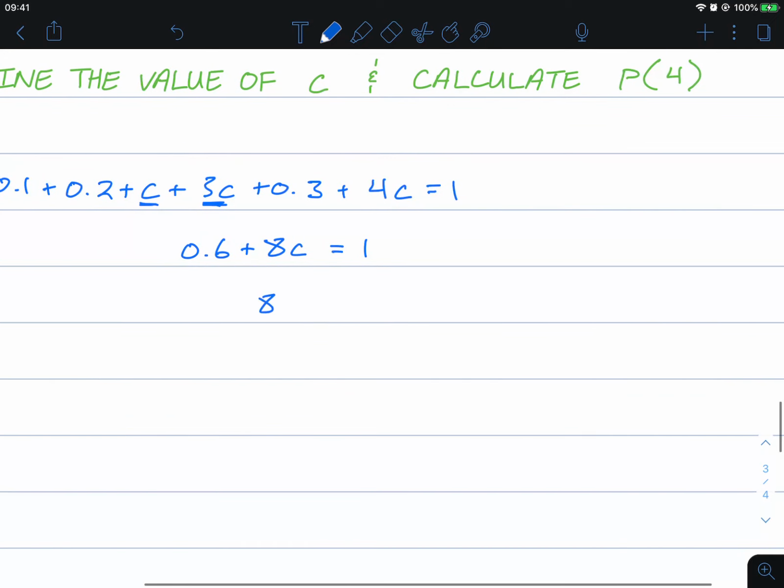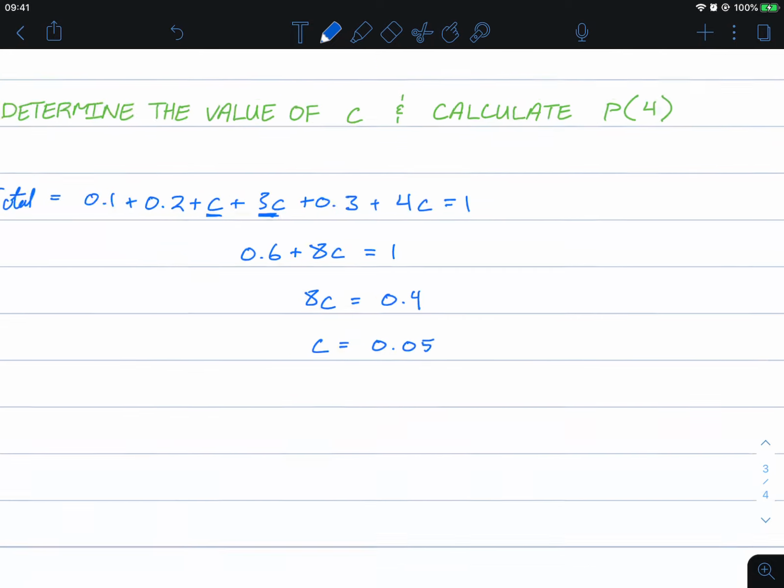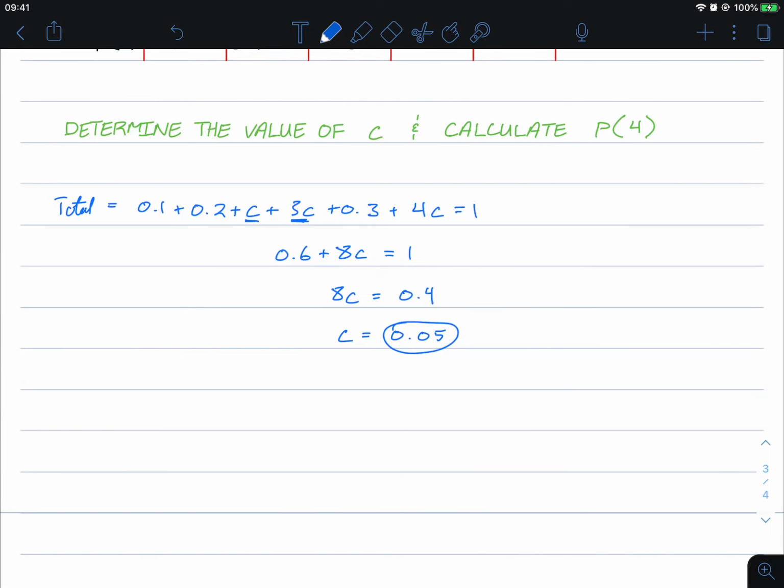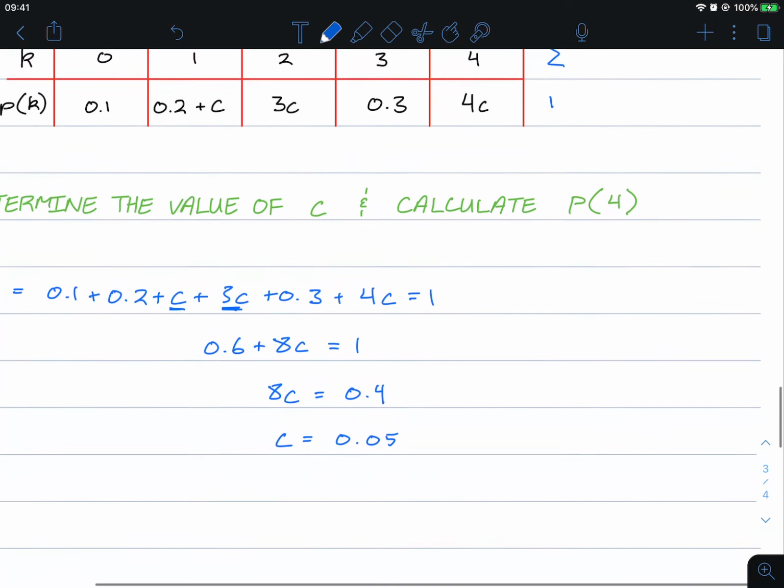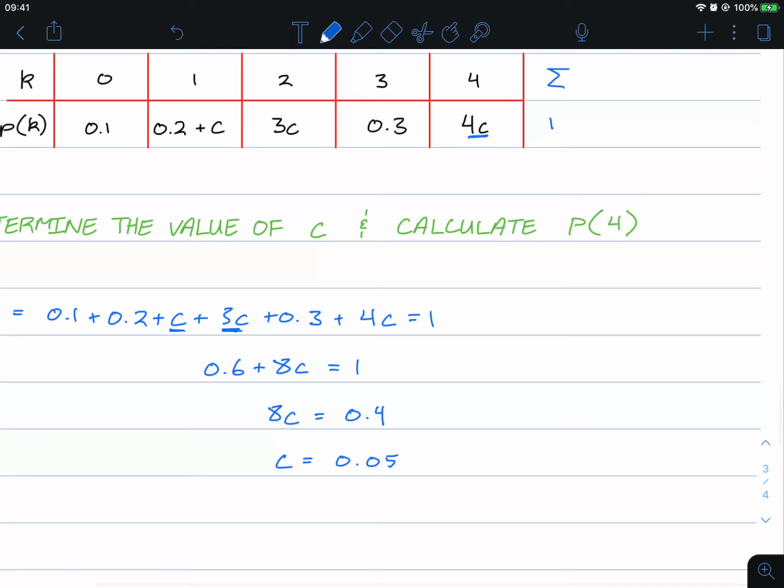Solving for C, we get 8C is equal to 0.4. Dividing by 8 on both sides, C will be 0.05. Well, since we have this, C is equal to 0.05, we can just substitute it here. 4 times 0.05 is just 0.2. So the probability of 4 is 0.2.